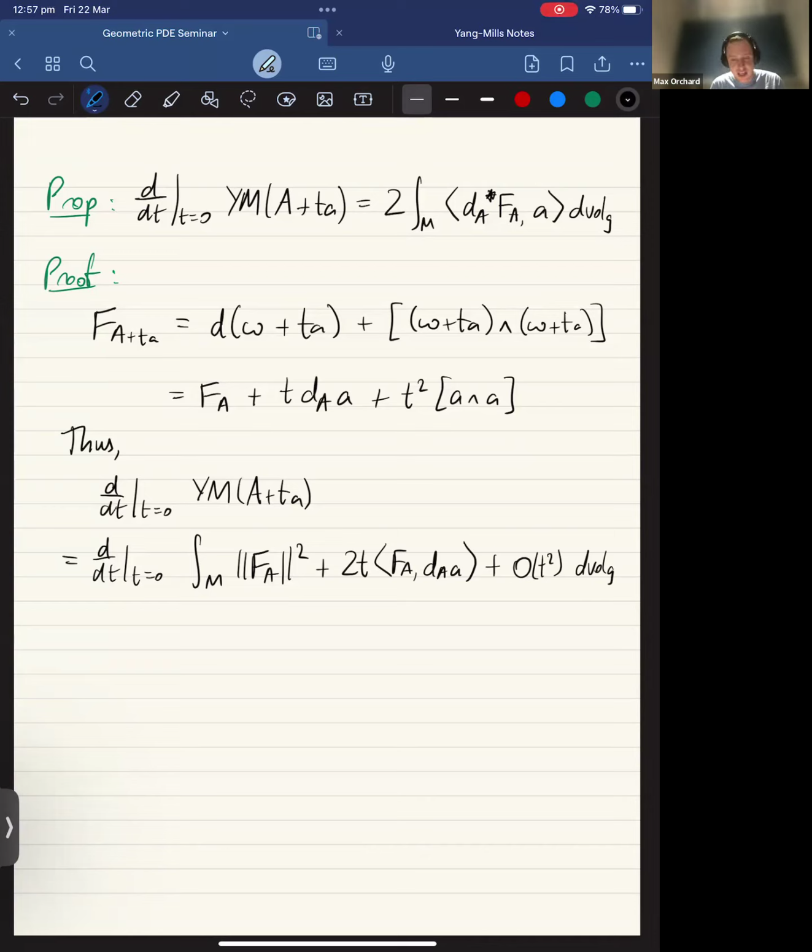So we have this here. Essentially, hopefully you can believe this statement. If you just expand out what the curvature is in this bilinear form and use bilinearity, you're going to get exactly this. Now, once you compute this derivative, you're just going to get this.